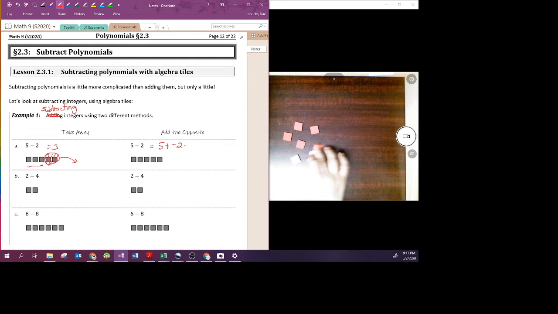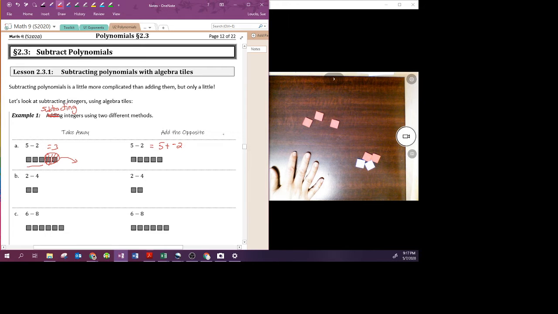So a plus 1 and a minus 1 equals 0. And another plus 1 and a minus 1 equals 0. So I can just take those away, and I'm again left with 3. Okay, so that equals 3. And that's just a different way of doing it. The way I would draw that out is I would add the 2 negative 1s there, and then I would cross out my 0 pairs. All right?